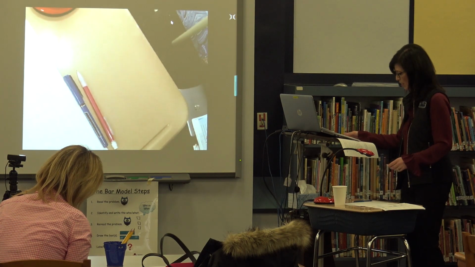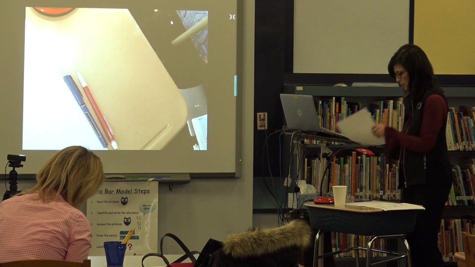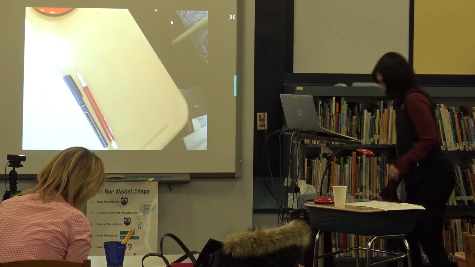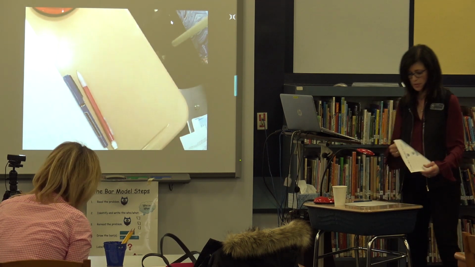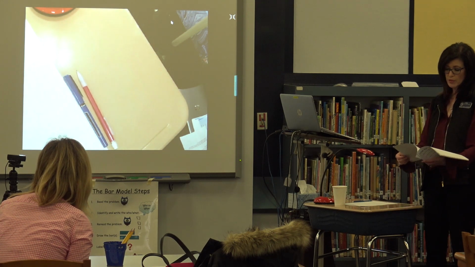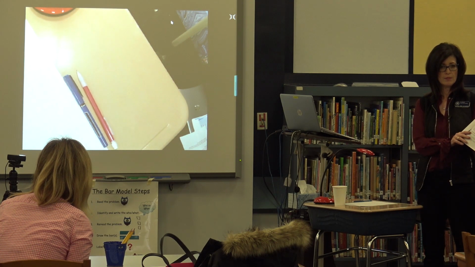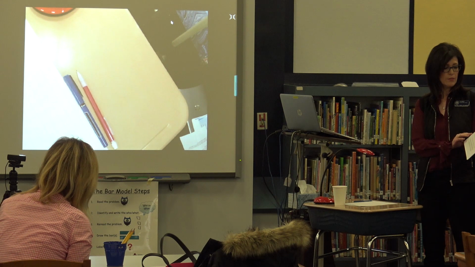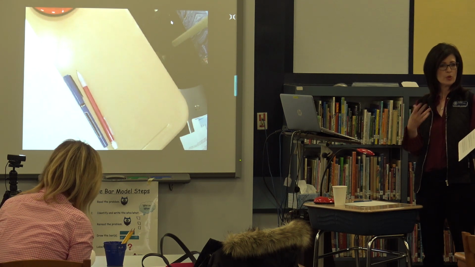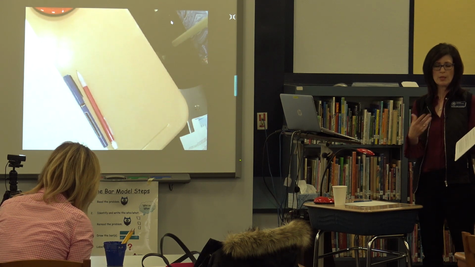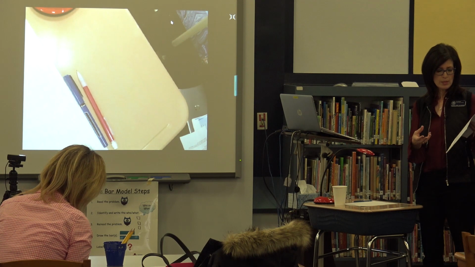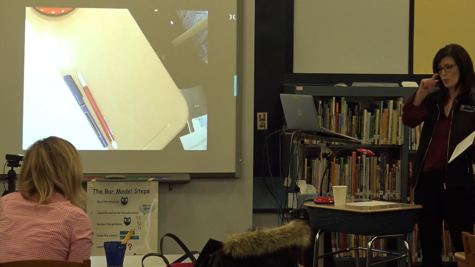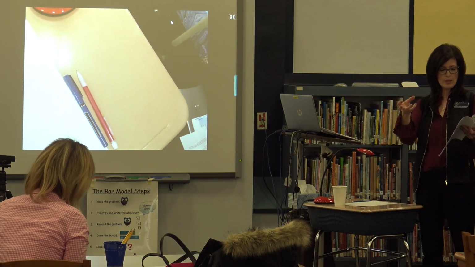So everybody has the bar model steps, a packet with bar model steps. You should also have a packet right beneath that, and we can go over that later. These are just helpful hints. It's a model drawing reference sheet that gives you tips for solving addition, subtraction, division, and multiplication problems. For example, if you're doing subtraction, you'll want to draw a longer bar because you're going to be taking away things.